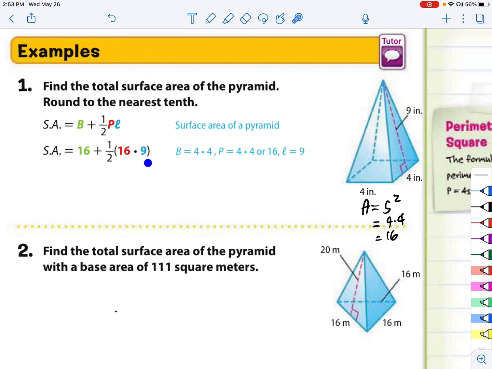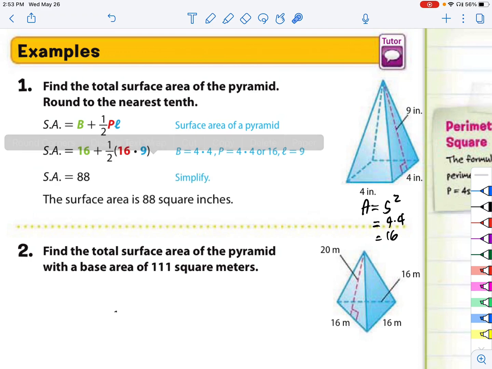So we multiply it by 9. Multiply all of them, simplify that, and you end up with 88. So the surface area of this particular pyramid is 88 square inches. Remember, we're talking about area here, so make sure that you are using the correct units.